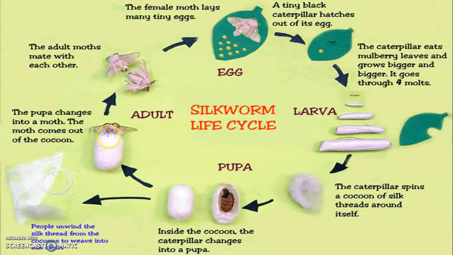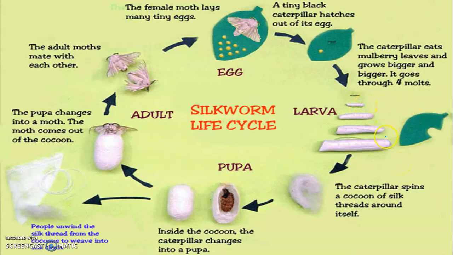Let's talk about the life cycle of the silkworm. How does the cocoon grow? The adult moths mate with each other. The female moth lays tiny eggs. Then from the tiny egg, a caterpillar hatches, and the caterpillar eats mulberry leaves and grows bigger.